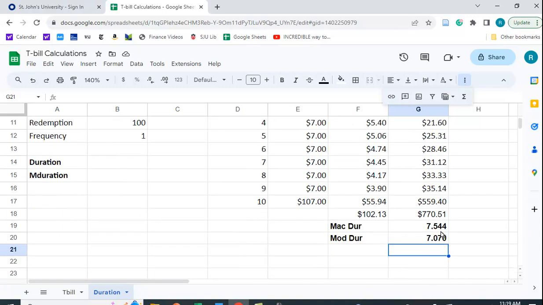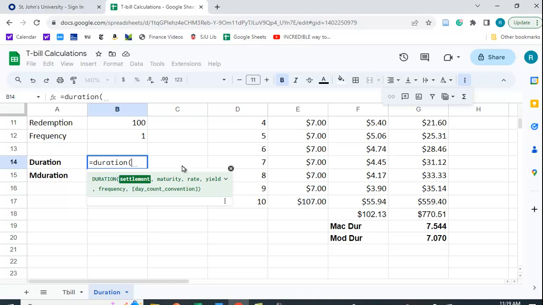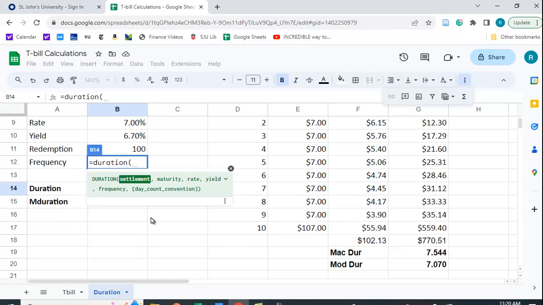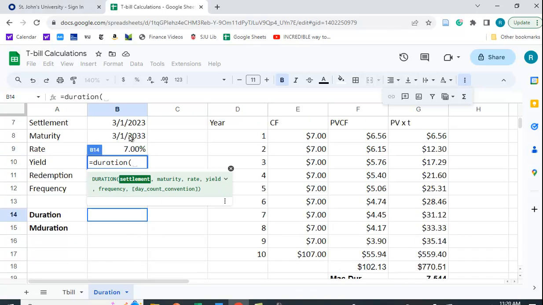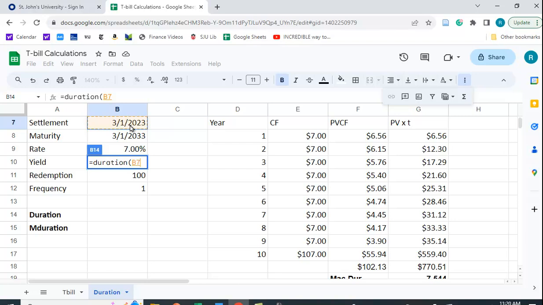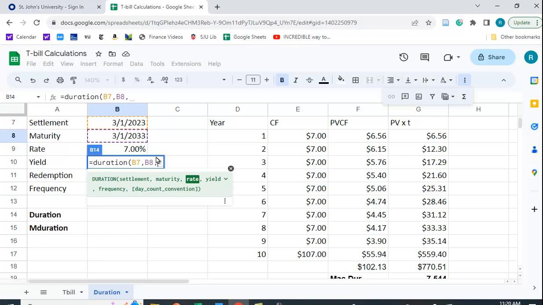It's not really that bad, but there are actually functions in Google Sheets that will do this for you. For the duration function, if you don't see this information come up, just hit that question mark, and it'll tell you in what order to put the arguments. Settlement is the first argument, maturity is the second, then the rate.